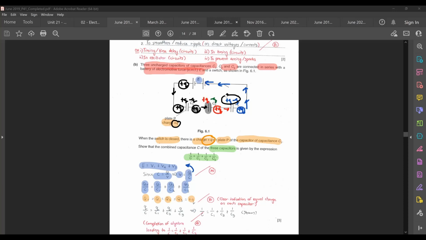So the shortcut will be just to see that whatever charge is pushed out of your battery or cell, that will be the charge stored on one plate of the capacitor itself. So here Q1, Q2, Q3 is just Q. Substitute into your equation.